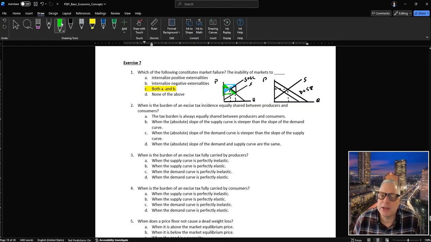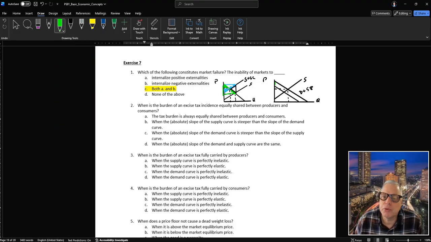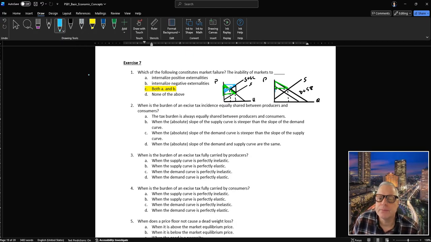And we should then have the true consumer surplus, this triangle up there, and the true producer surplus should be this one here.